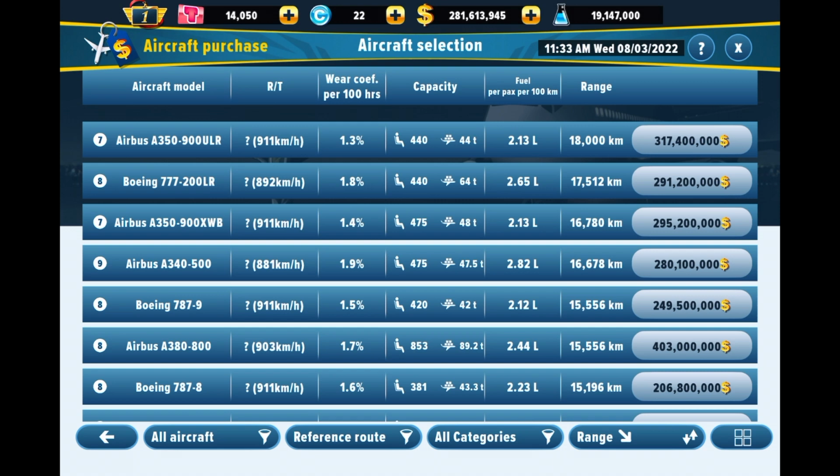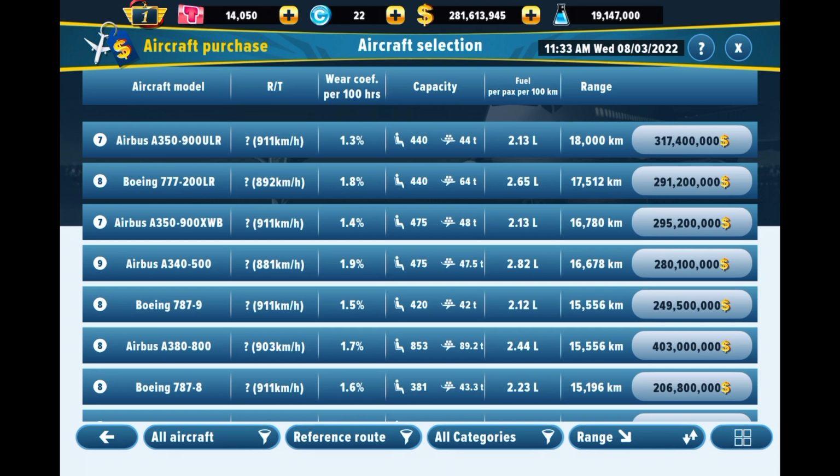But if I take a look at the fuel per passenger per 100 kilometers, it consumes around 2.82 liters of fuel at that rate, and it carries 475 passengers at a time. Also, the wear rate is 1.9%. If I take a look at the one that is above, that is the Airbus A350-900 XWB, the number of passengers being carried is the same.